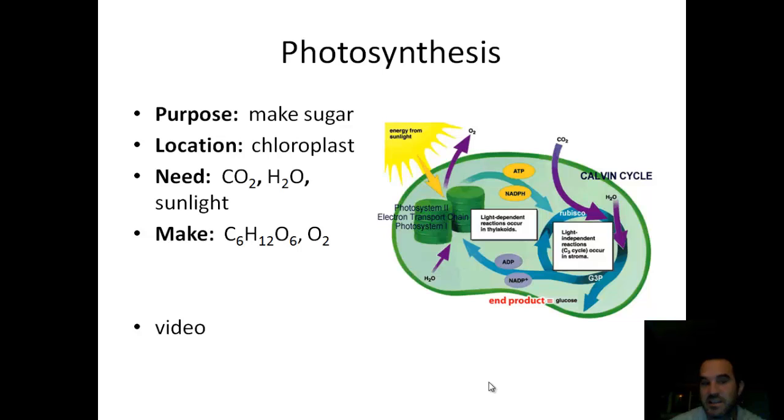So that's a general overview for photosynthesis. Now we get into the different parts. For the light reaction, you need certain things for the light reaction to happen, and you need certain things for the dark reaction to happen. But the two processes that we talk about, they can happen independently of each other.